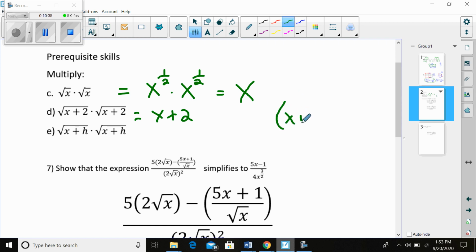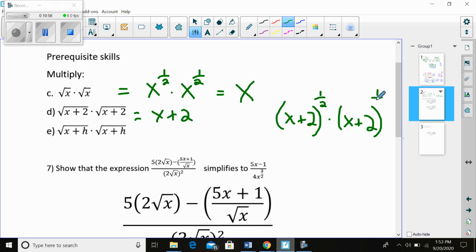Or again, I could think of it, and I'm highlighting this school of thought because we're going to use something like this when we get down to the next example. I could think of it like this, and I hope you can fluently switch between radical something or that expression to the half power.